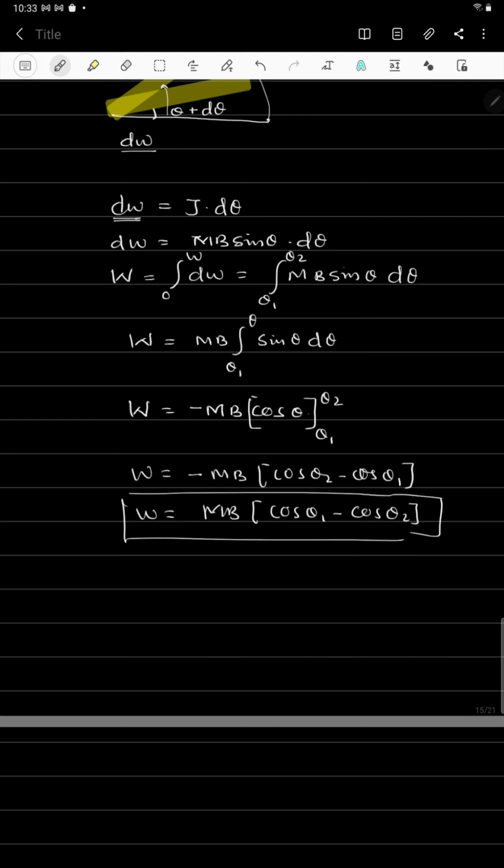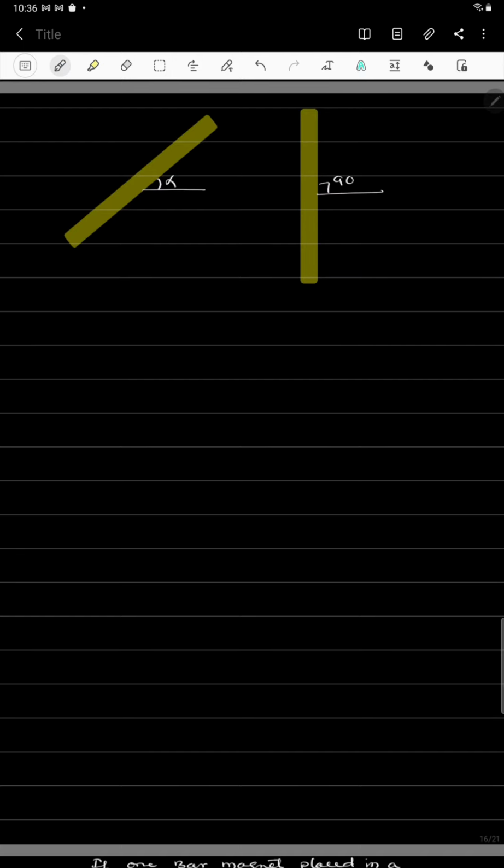So let us take some cases here. If the magnet is situated like this, the final position of the magnet we have considered is alpha, and the initial position of the magnet is considered as 90 degrees. So theta 1 is 90 degrees, and theta 2, the final position, is alpha.